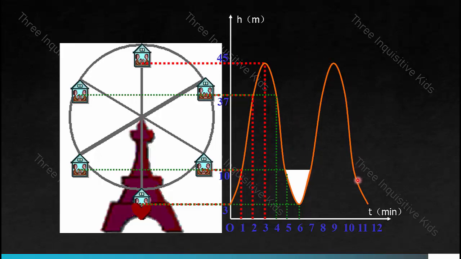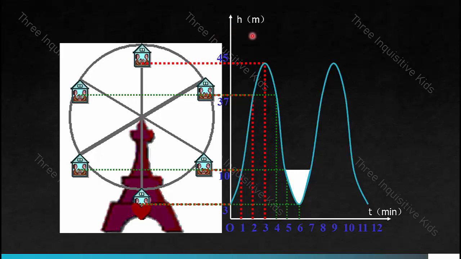This makes sense because it's a circle, so it's not a straight line up. It does take some time to get from down here to the very top. So this is how you express the function of a car's height on a Ferris wheel relative to the ground over time, and describe it on the graph.